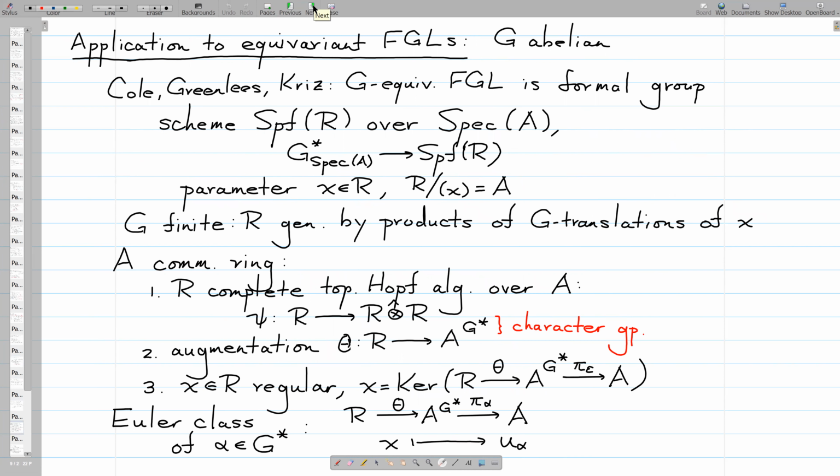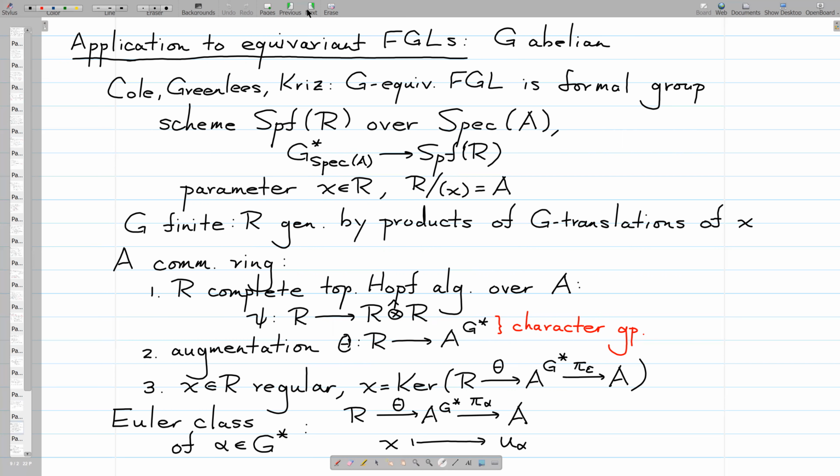So let me just say an equivariant formal group law is a formal group scheme over a commutative ring with a choice of parameters. In terms of rings, it means it has a complete Hopf algebra with a choice of parameters.